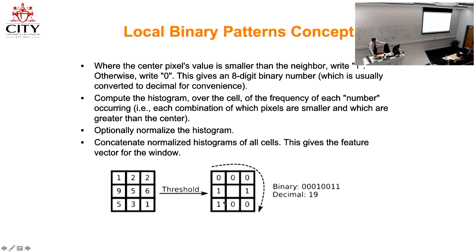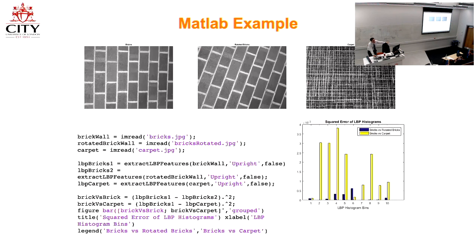So I create a number, 0, 0, 0, 1, 0, 0, 1, 1, and then I convert it into decimal. So I can explain this whole 9 pixels as number 19, right? I'm encoding those 9 values into one number. And I can do this for all of the values and calculate something like a pattern.